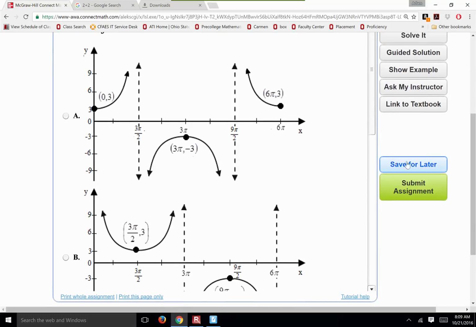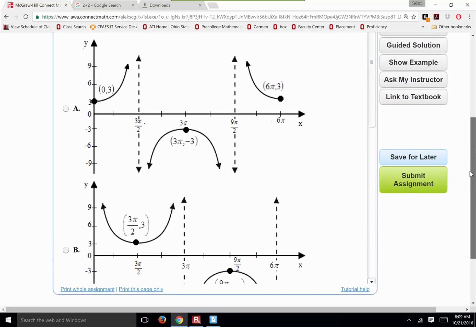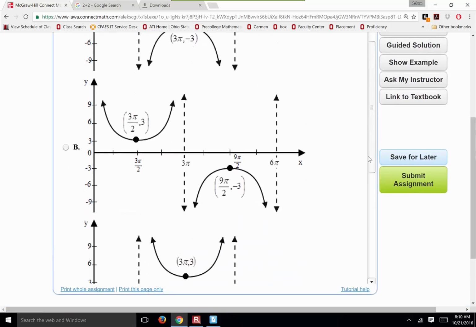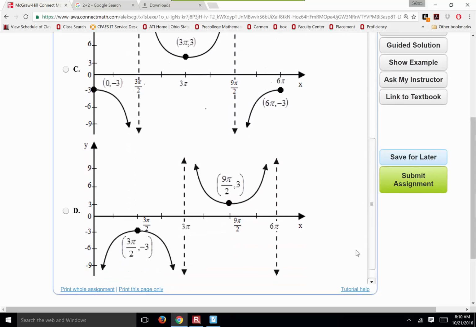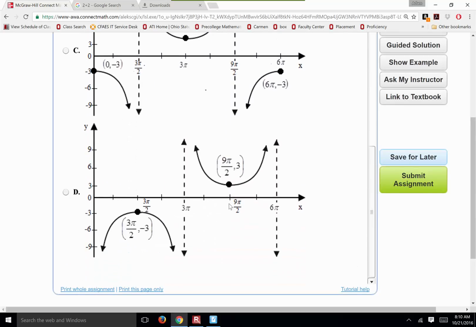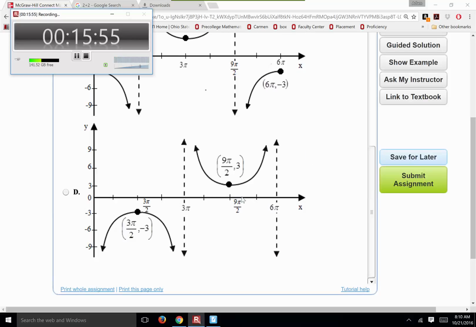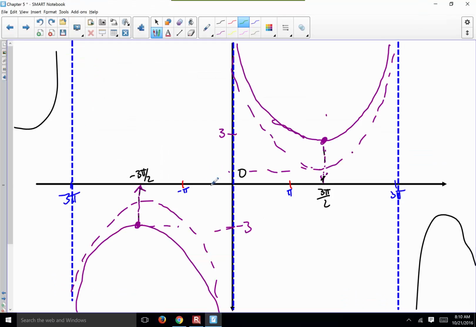Again, it looks like they picked a frame from 0 to 6 pi on this one. So you need to consider the part from 0 to 6 pi here.